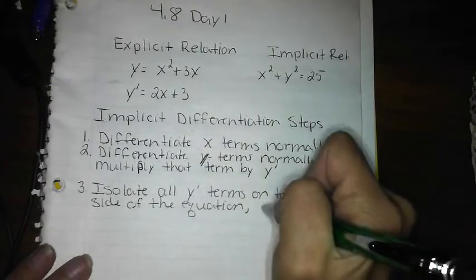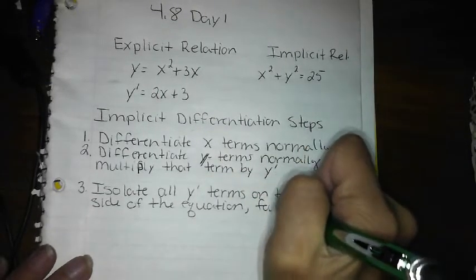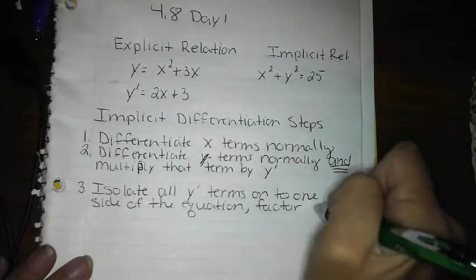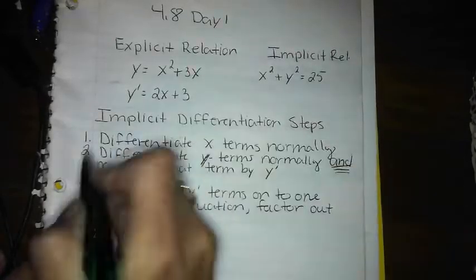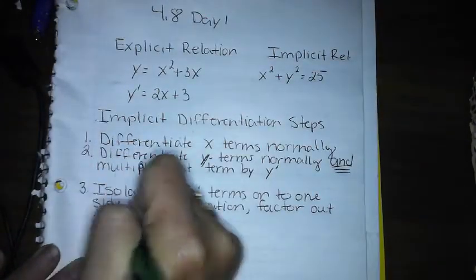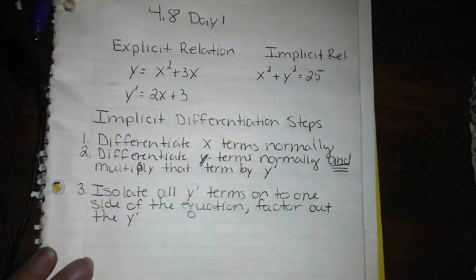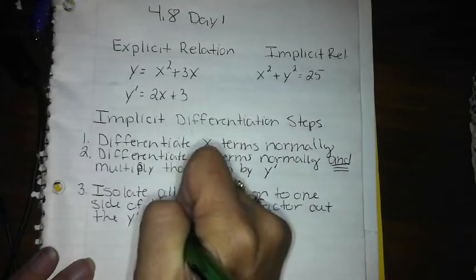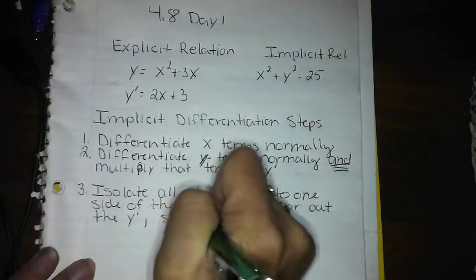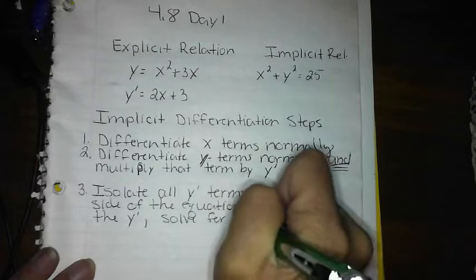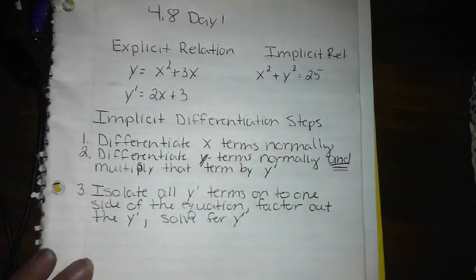Then factor out the y prime. So this will be like basket factoring, where we're only taking out the y prime, and then solve for y prime. So again, it's an algebra heavy day.